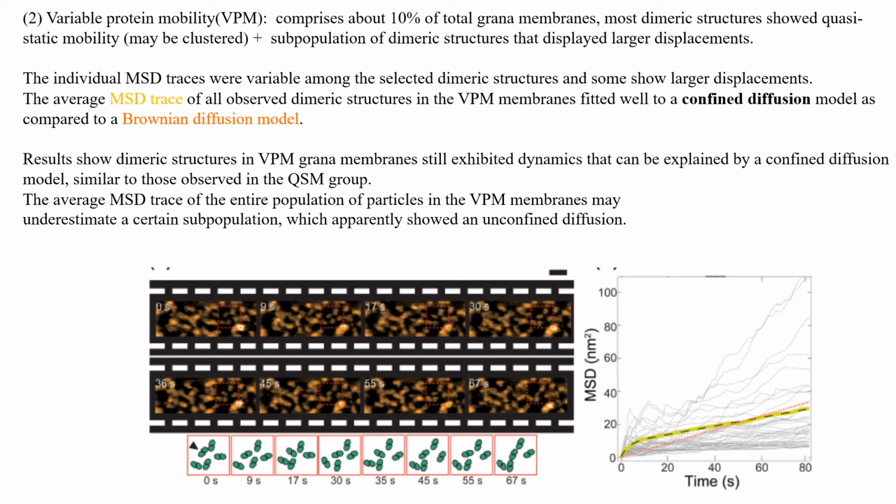So it's somewhere in between the yellow and the orange fittings, leaning more towards the yellow fitted line, which means that it could be not properly estimating or considering the fitting parameters for the Brownian diffusion model, and some other model might be better for fitting this whole range of variable protein mobility that is observed over here.